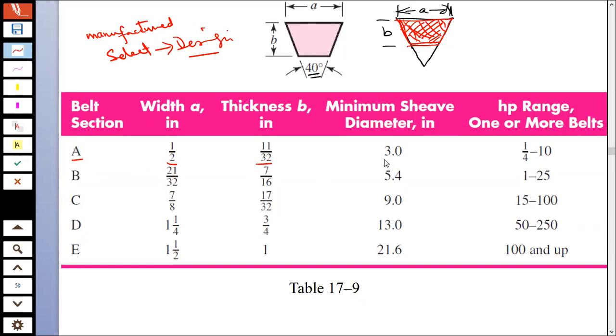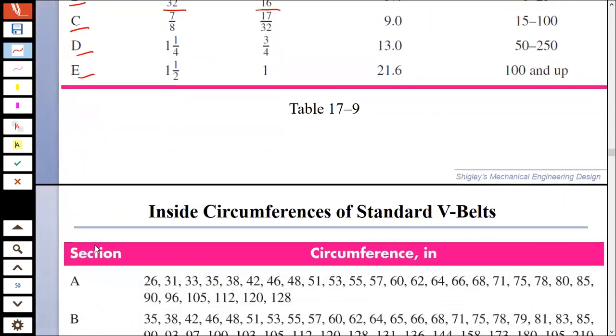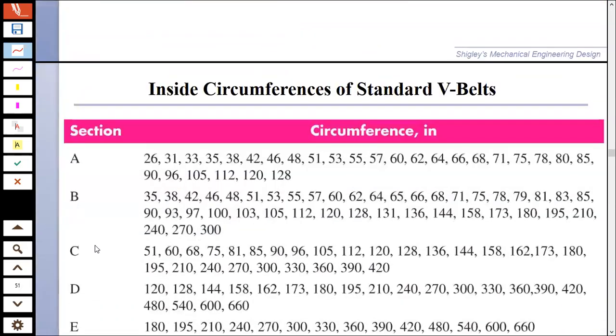The minimum sheave diameter, which is the pulley diameter, is going to be 3, and the horsepower that it can transmit is in the range of 1/4 horsepower to 10 horsepower. Similarly, there is section B, and section B will have these parameters C, D, E, and these are the different belt sections.